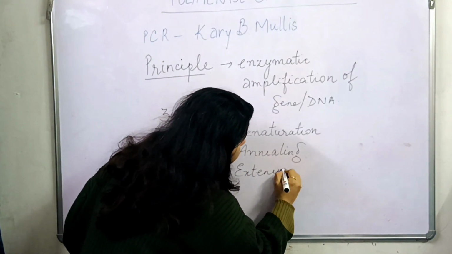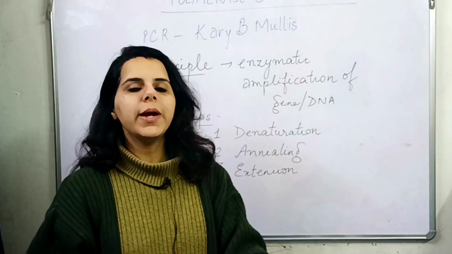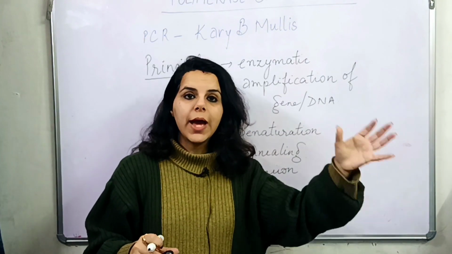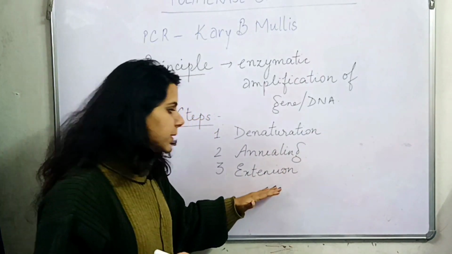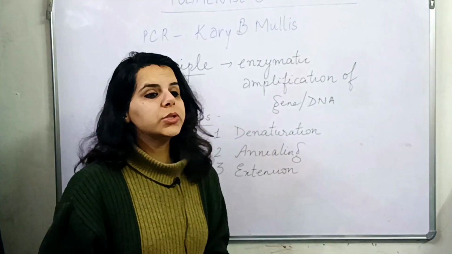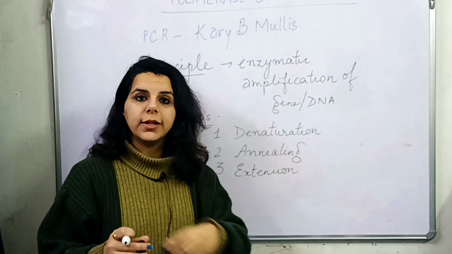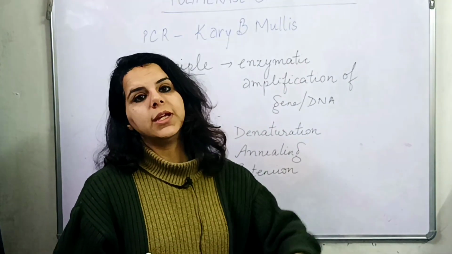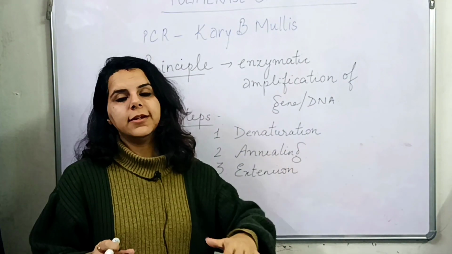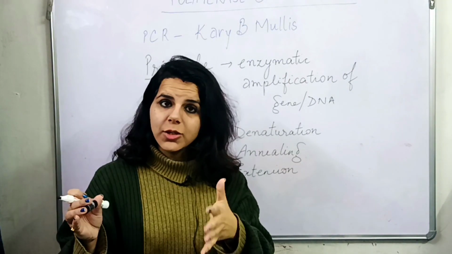The third and the last step is extension. Now extension means to extend something, to add up. In this particular step, various nucleotides come up and make a chain. They get added to the pre-existing strand where the primer is being attached.